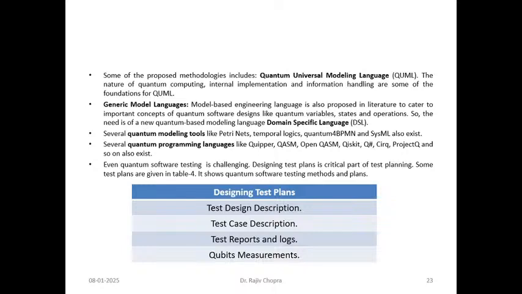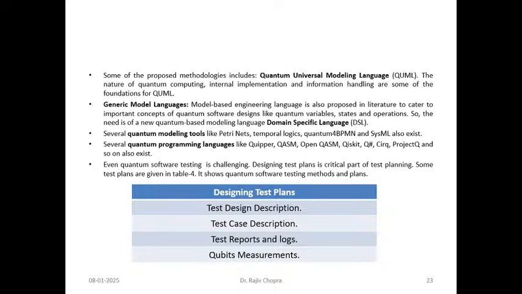There are some general modeling languages, also generalized ones, like domain specific languages. Quantum based modeling languages are there. Quantum modeling tools are also there, like Petri nets, temporal logics, Quantum BPMN, and SysML also exist. Several quantum programming languages exist, like Quipper, QASM, OpenQASM, then Qiskit, Q#, Cirq, ProjectQ, and so on. There is a long list of that.